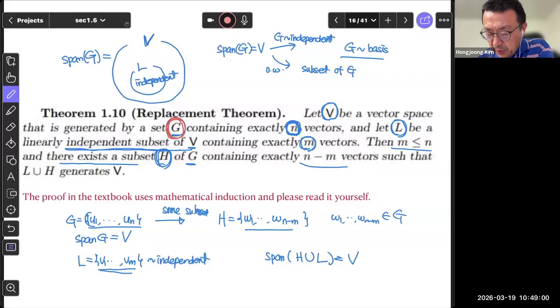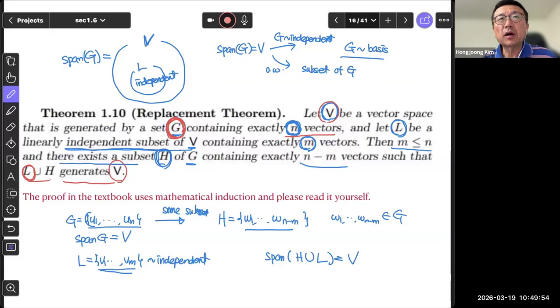So the replacement theorem says if G generates V space and if G contains exactly n vectors, then when I replace some vectors in G with linearly independent vectors, meaning even after the replacement, this set will still generate the whole space.